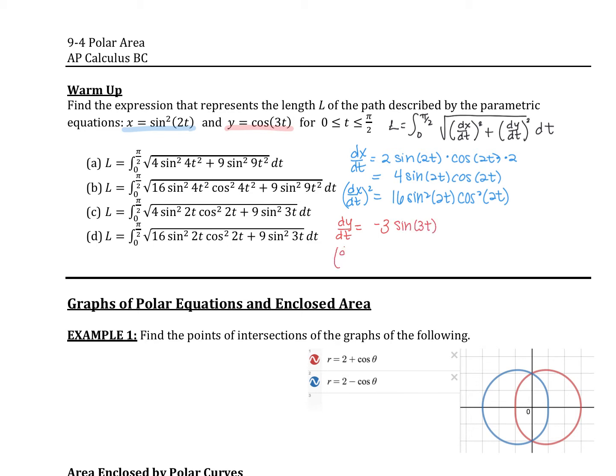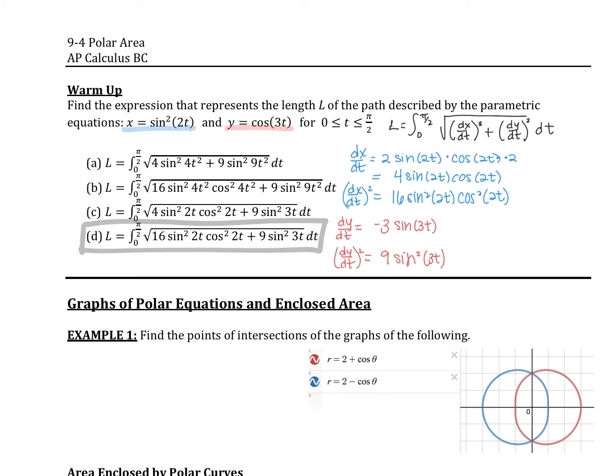And if I square this, I get 9 sine squared of 3t. And then what I would be doing is substituting the (dx/dt) squared and the (dy/dt) squared into this formula. And I can see that the answer that I want is D. So this answer here is the one that I want.